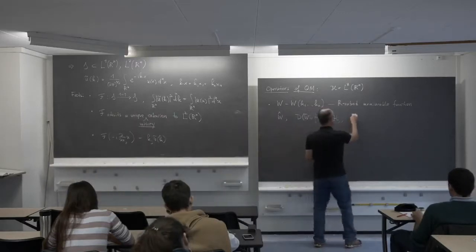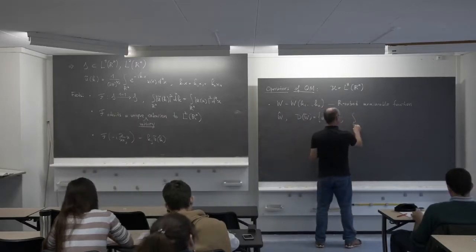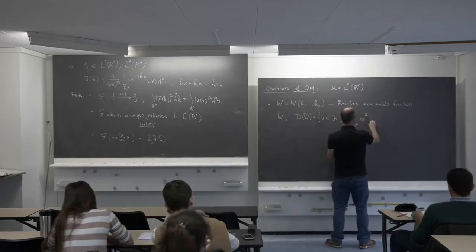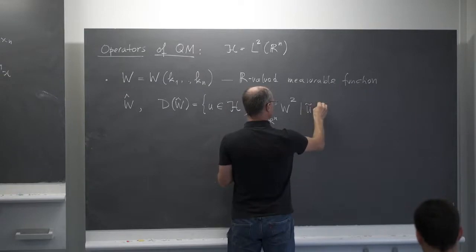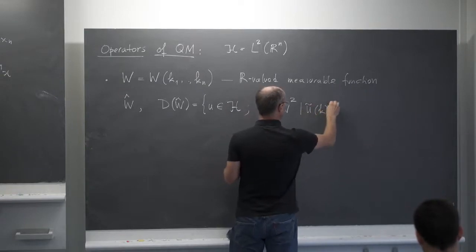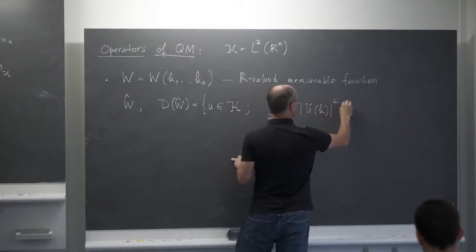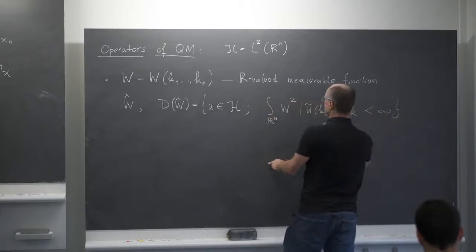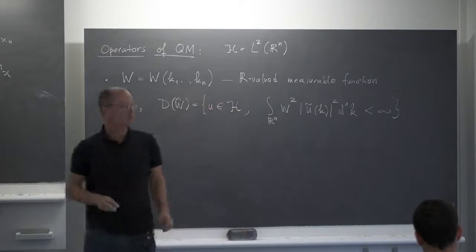Such that the integral over Rn of W squared times U tilde of k squared dnk be smaller than infinity, right?